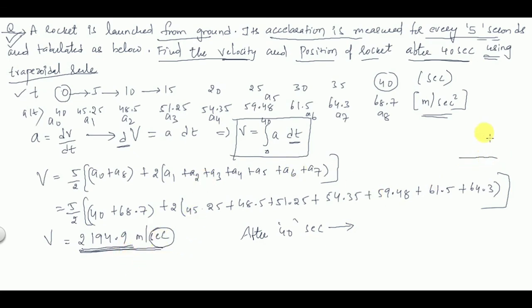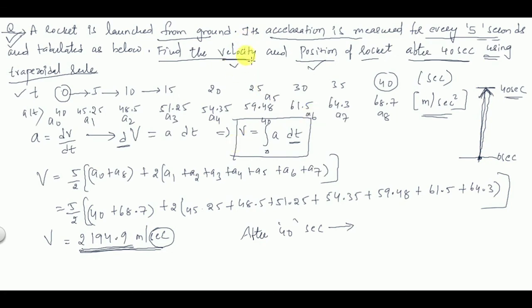A rocket is traveling from ground to a certain value, so this position we have to find. This distance you have to find after 40 seconds. At 0 seconds it started from ground and reached some point after 40 seconds. This position, that means the distance traveled by the rocket for 40 seconds, you have to find. That is called the position.